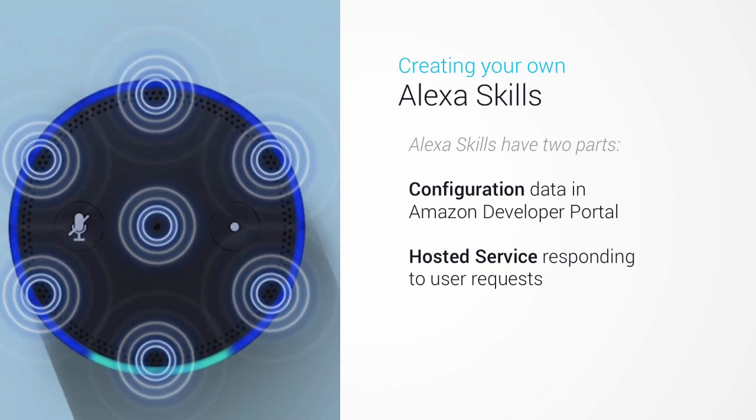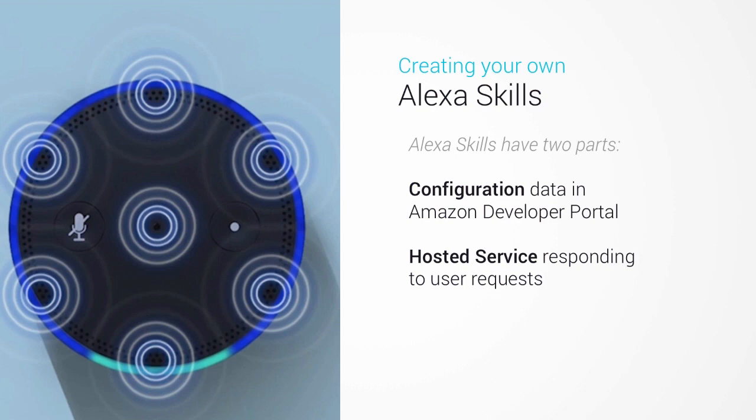And then the second part of creating an Alexa skill is the hosted service itself. Now, this service can be hosted anywhere. Obviously, if you're going to release it to the millions of people that can use your Alexa skill today, you don't want it on a laptop on your desk.